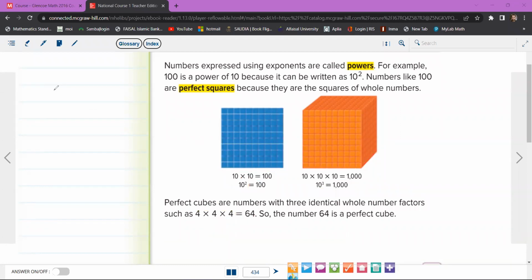So after all, when we say the word square, we mean exponent 2. Like when we say 5 square, it means 5 to the power of 2, which is 5 times 5, 25.